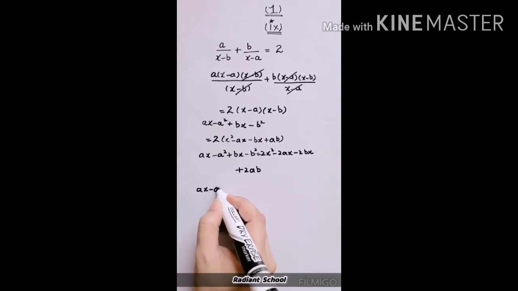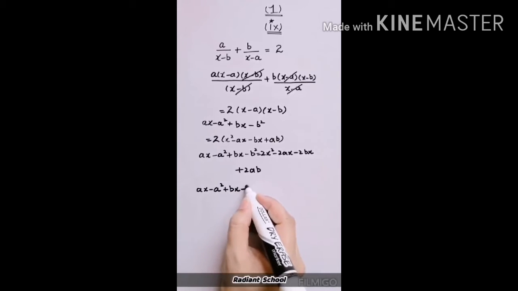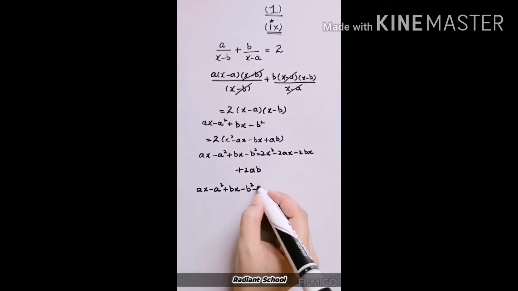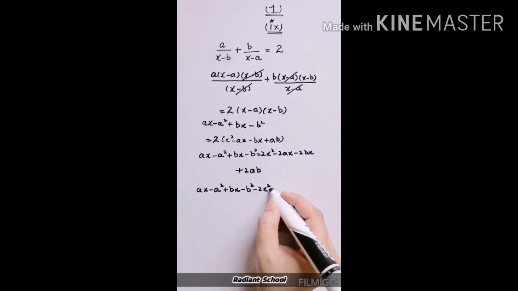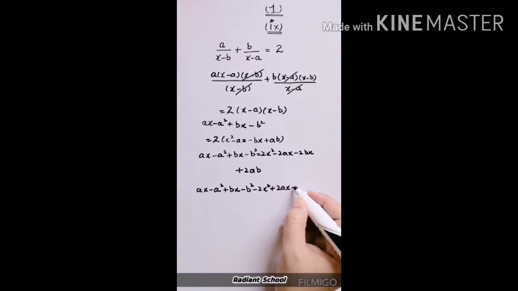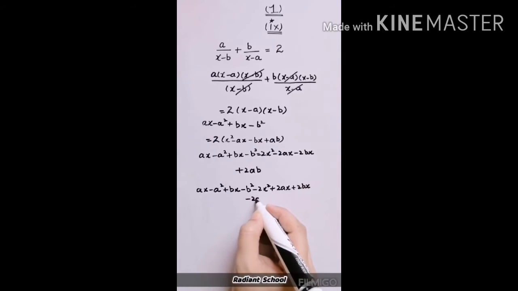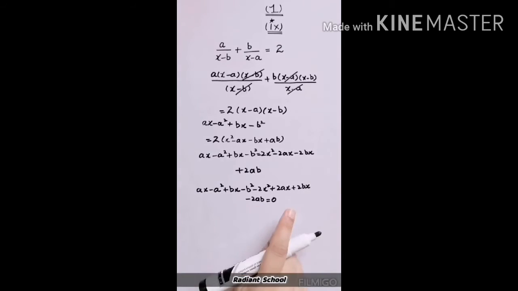Ax minus a square plus bx minus b square minus 2x square, minus becomes plus on this side, plus 2ax, plus 2bx minus 2ab is equal to 0. I have shifted all the terms on one side.